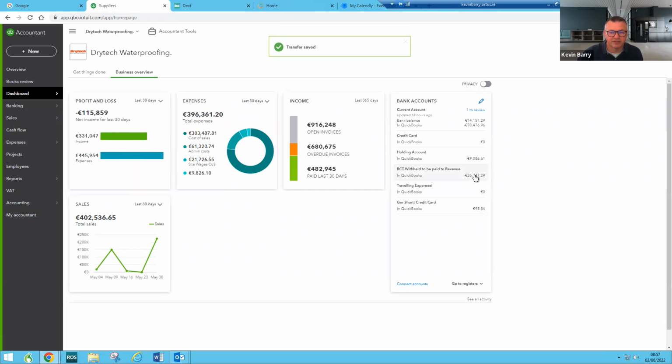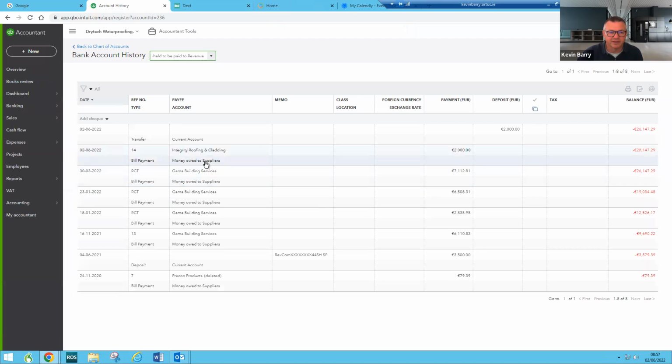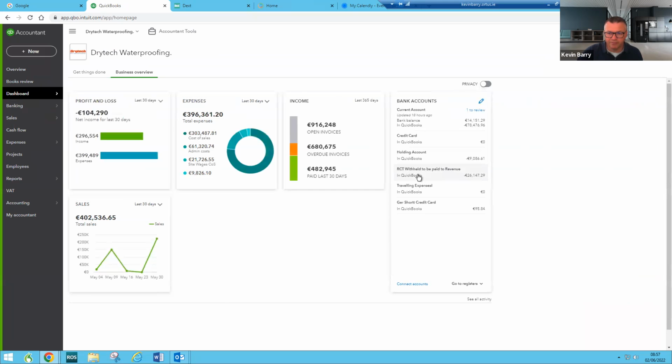Okay, so now we're going 26 held back as opposed to 28. If I click in there, you'll see the 2,000 we held back on your man. We knocked it off his bill. We held it, and then when the tax man took it, it reduces the amount down. So that's really your RCT liability account.